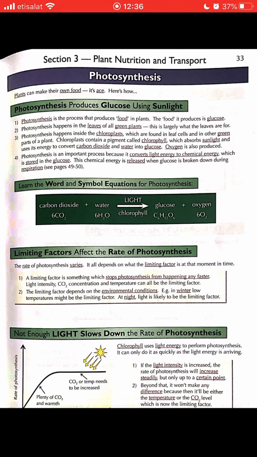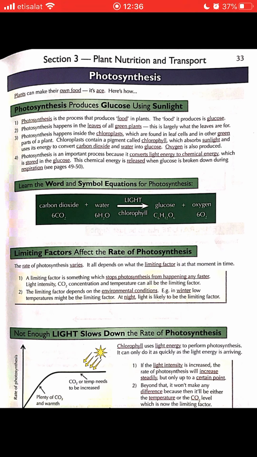Now, limiting factors affect the rate of photosynthesis. We did a lot of work on this at the beginning of the school year. A limiting factor is something which stops photosynthesis from happening any faster. It can't get any quicker because of this limiting factor. Your limiting factors for photosynthesis typically are light intensity, carbon dioxide concentration, and temperature.